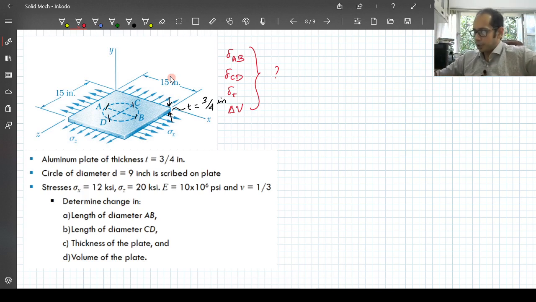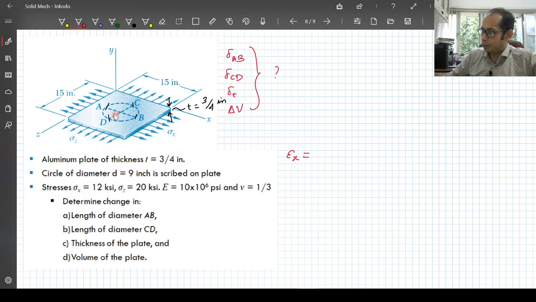So let's dive right into this problem. For the first one, I am trying to calculate my change in length of AB, which is along the x direction. So I am going to have to calculate epsilon x. We already derived this, and as I said, if you write this more and more, it will get ingrained in your memory.